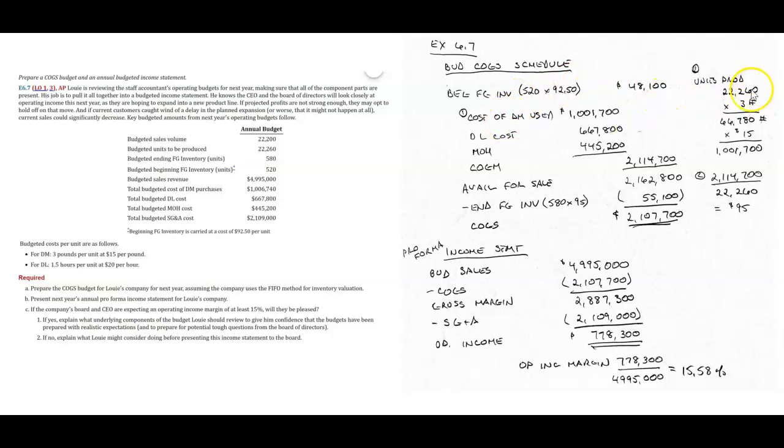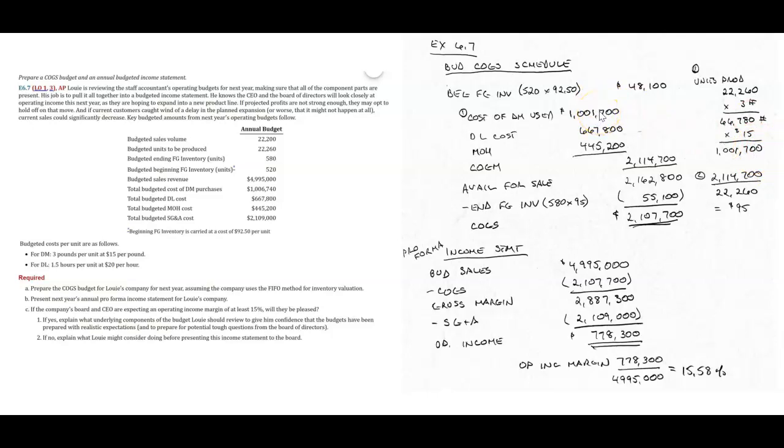We produced 22,260 units, and for direct materials we've got 3 pounds per unit at $15 a pound. So 22,260 times 3 pounds gives us 66,780 pounds. At $15 a pound, my total cost for direct materials is $1,001,700.